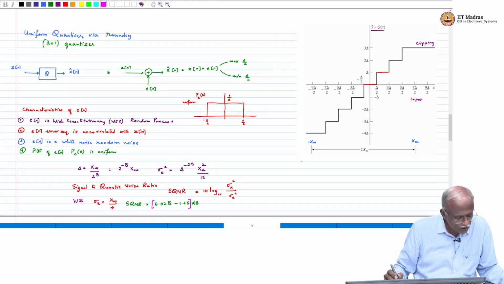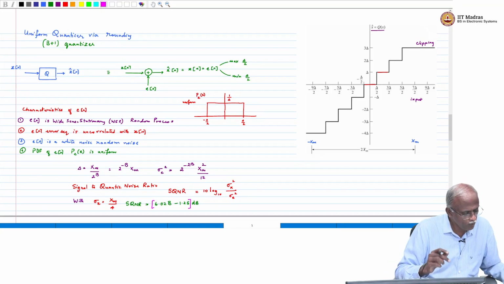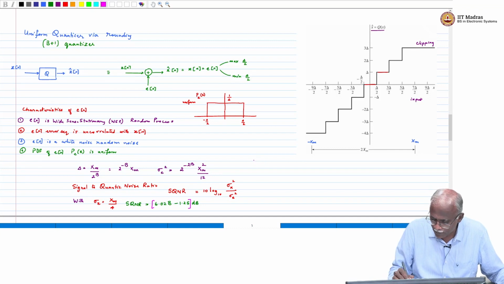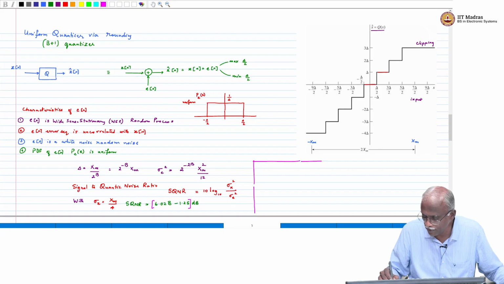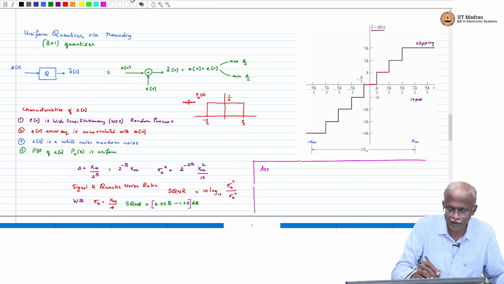Now, in this context, I also want you to think of one more aspect. We made an assumption, and that assumption is important. For this formula to be valid, we made a condition.